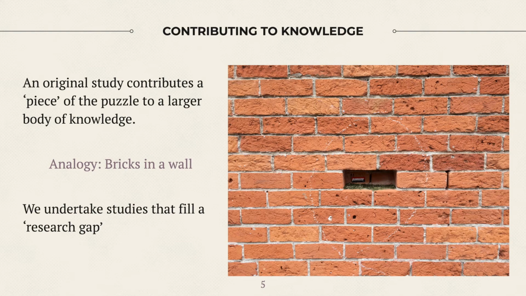There's all sorts of bricks filled in, but there's a slot missing. And that missing slot could represent a question that hasn't been answered yet. And that's our research gap. So we want to find out what it is that hasn't been answered so we can figure out what new we contribute to the field. And then we design a study and we deliberately fill that gap.